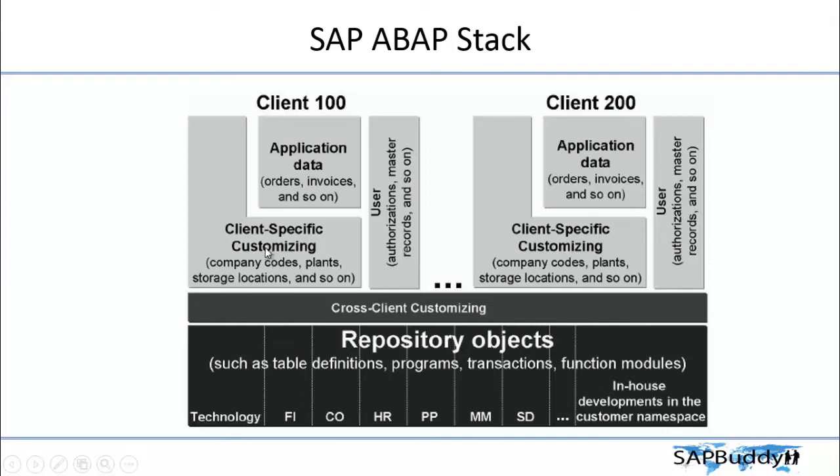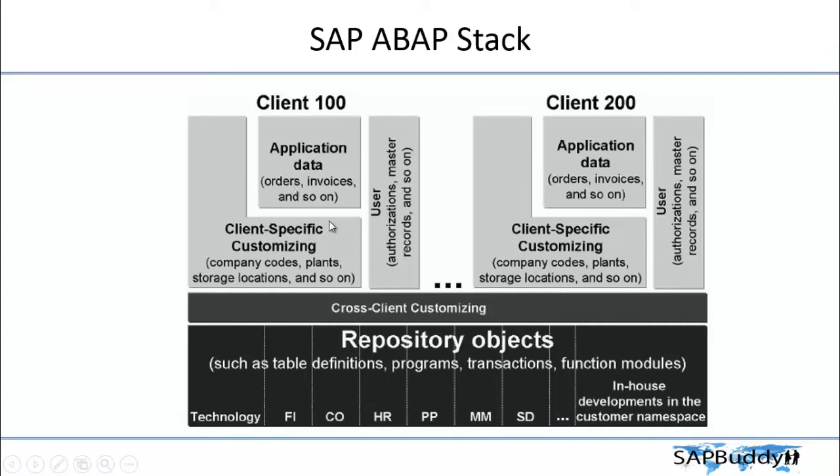These data will be specific to that client. Let's say if I create a company code in client 100, this specific company code will be only available in client 100. We talked about two different legal entities, right?